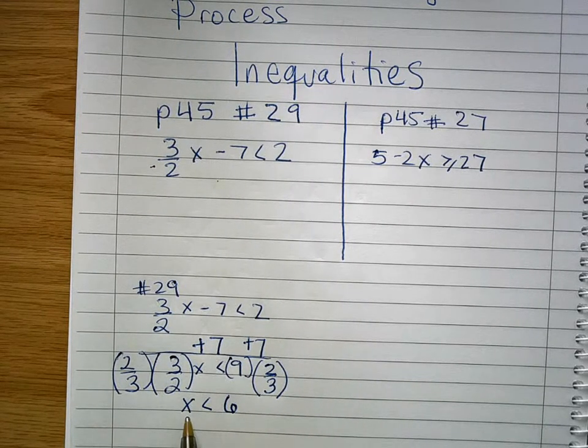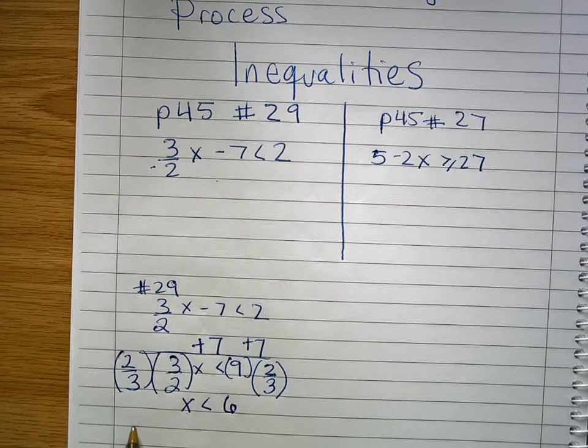So we have the inequality x is less than 6. Now, like I said with equations, we want the variable on the left side so that we can read this properly. We want to read it as variable, sign, number.